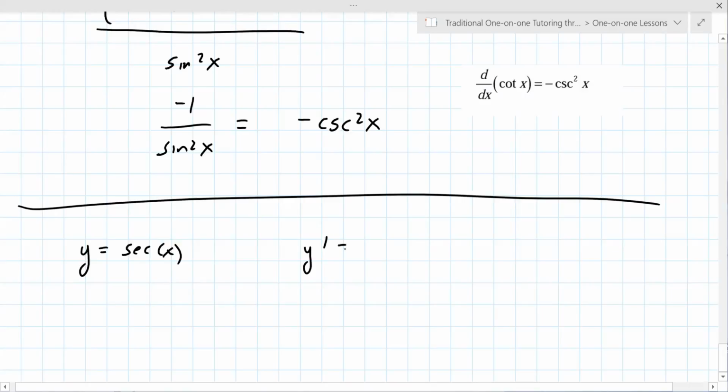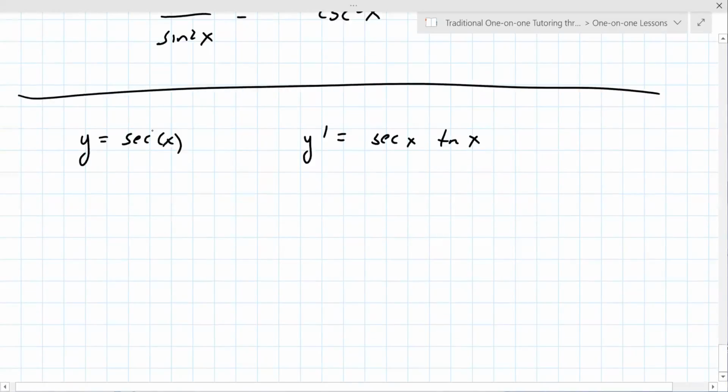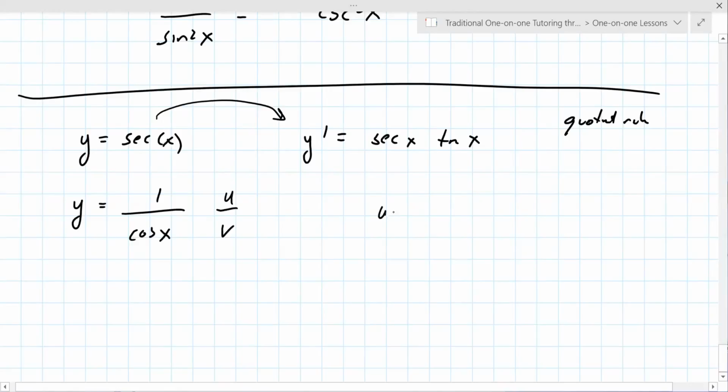We know from this table it becomes secant x tangent x. But your question would say to show this, and it might even hint, say, the quotient rule. You might be thinking, well, how do I use the quotient rule here? Well, this is 1 over cosine x. And as odd as it may seem, you do set u equal to 1 and v equal to cosine x.